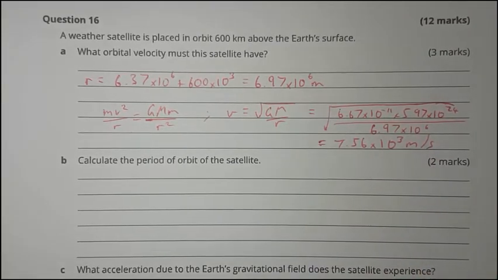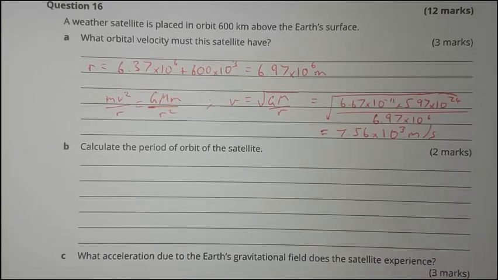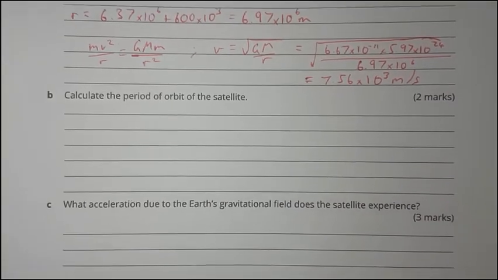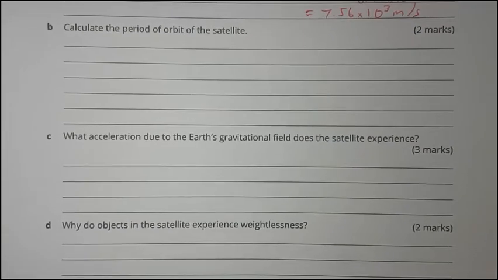Now the bad thing about this is that if you got this wrong, then you're going to get pretty much the rest of this question incorrect. But I'm sure a good marker would be nice to you and give you some carry-through or follow-through marks. But the next question is asking for the period of orbit of this satellite.